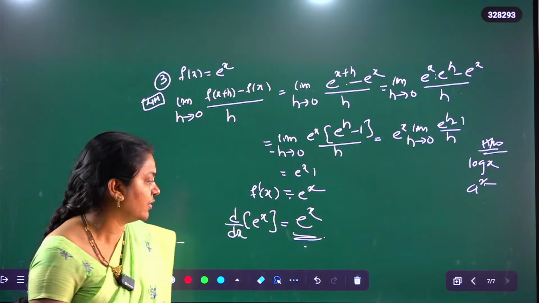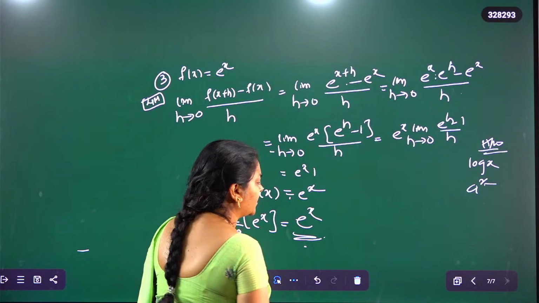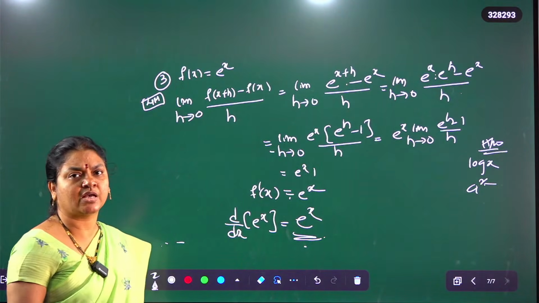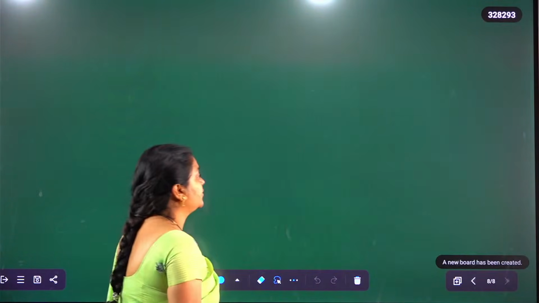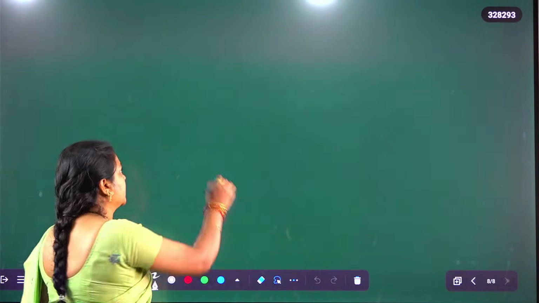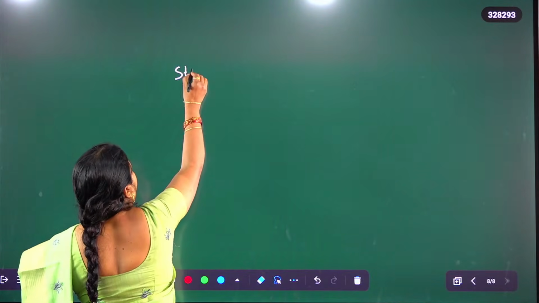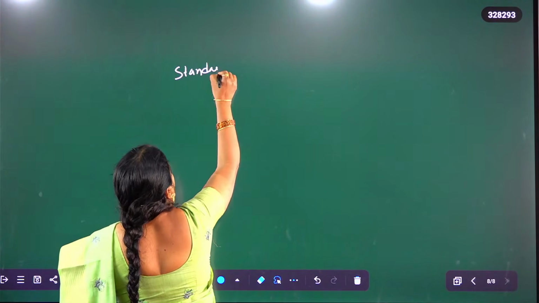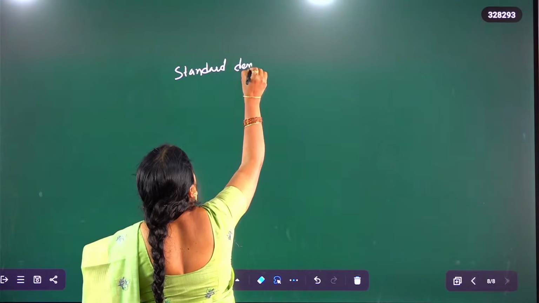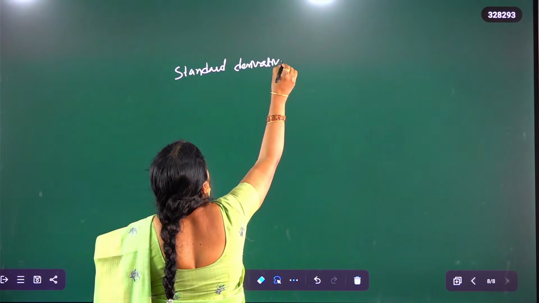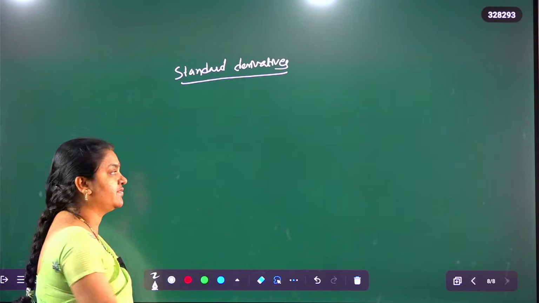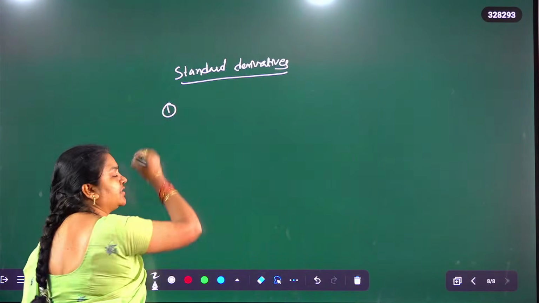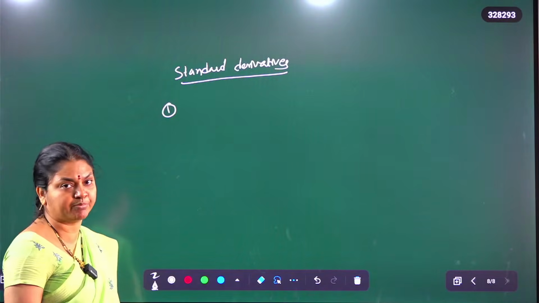Now, by using the first principle only, we are deriving some derivatives. This is very, very useful, so you need to remember all the standard derivatives. Here I am writing the standard derivatives. These are the formulas that you need to remember in the derivation chapter.